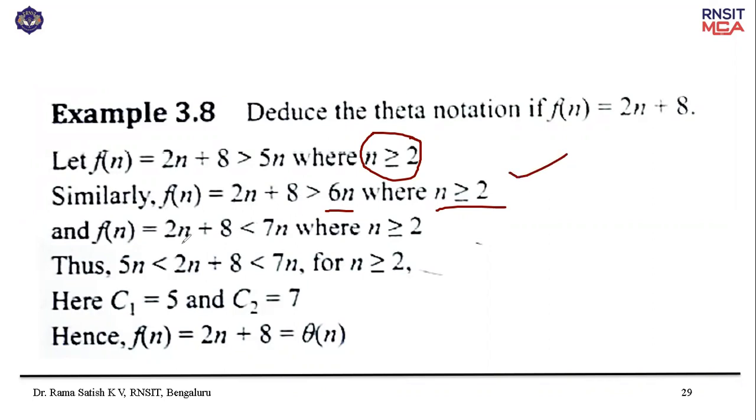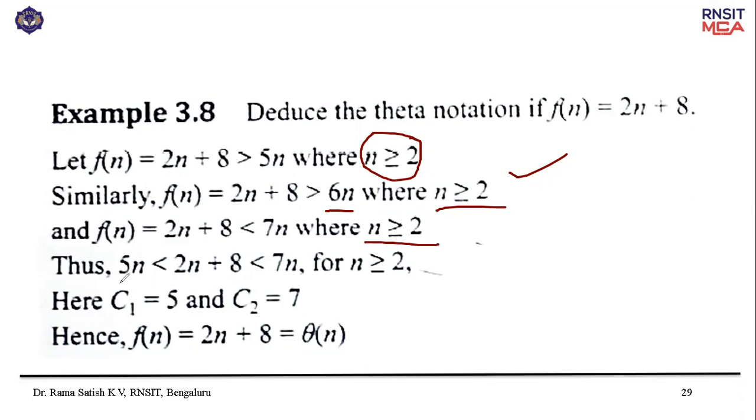And if you write f of n, that is 2n plus 8, which is less than 7n, you cannot have beyond 7n when n is equal to 2.